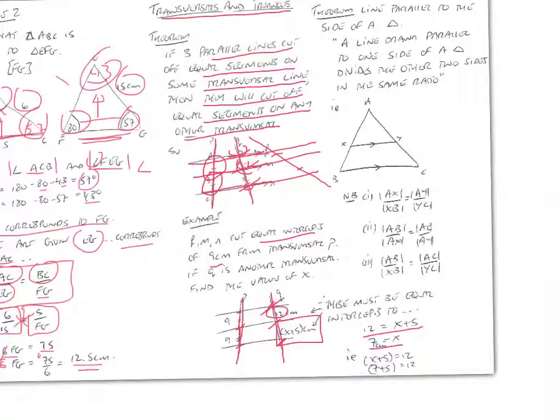Okay, so be careful with this theorem. It doesn't say that if the parallel lines cut the transversal and create two equal lengths of 9, that doesn't mean that every other transversal will be cut into 9. Only if the transversal is parallel.